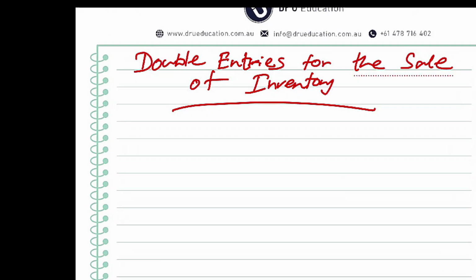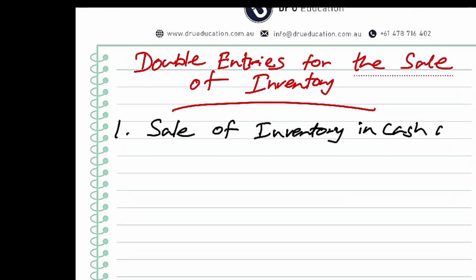Now this one also has two parts. Number one, sale of inventory in cash with GST.